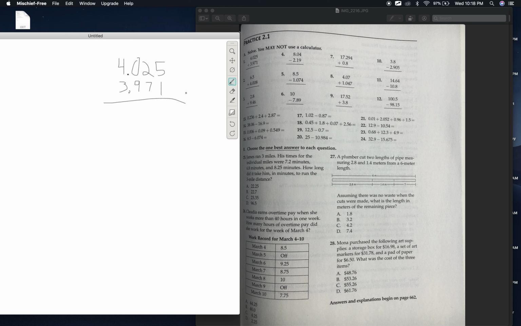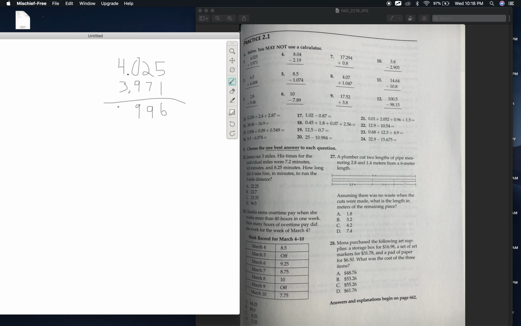So simple, same as regular adding. So 5 plus 1 is 6, 2 plus 7 is 9, 0 plus 9 is 9, 4 plus 3 is 7.